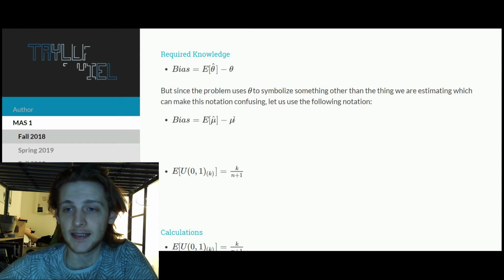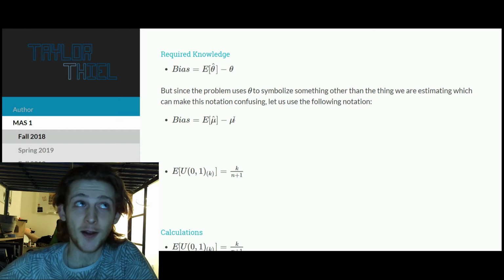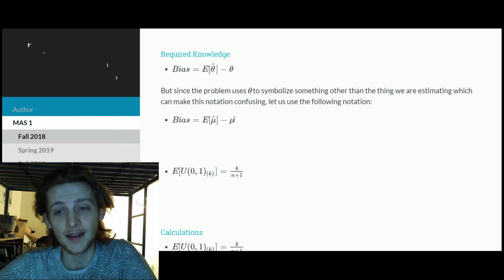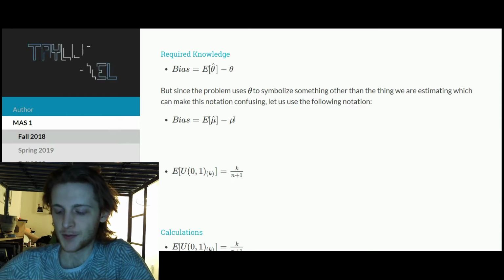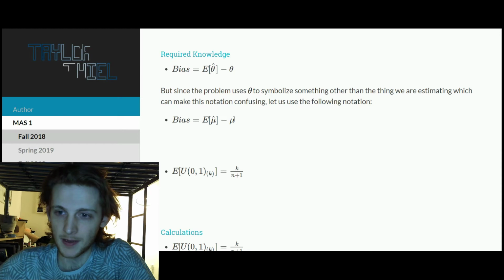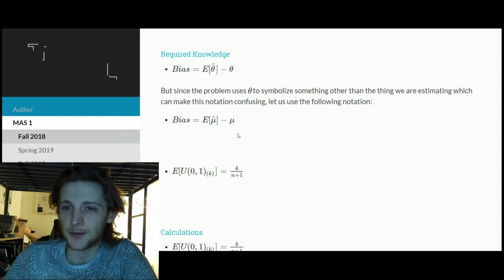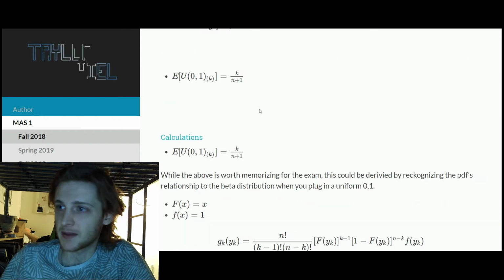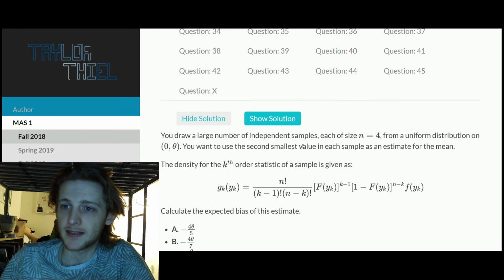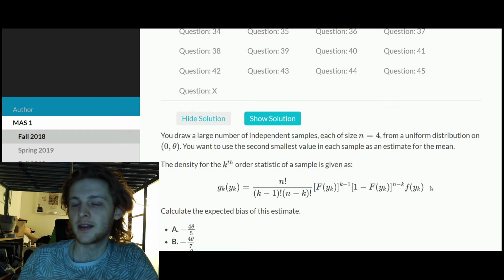The second thing is that the expected value of an order statistic drawn from a uniform 0, 1 is k over n plus 1. When I took the exam, I just had this memorized, mainly because of this problem. But we're going to get into how you could derive that on the fly if needed. I think the more important thing is to not be surprised by the notation within the problem.